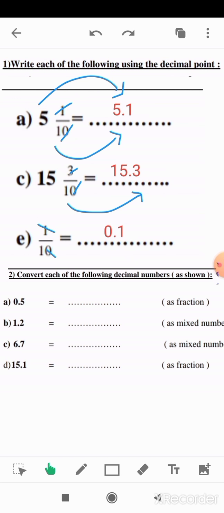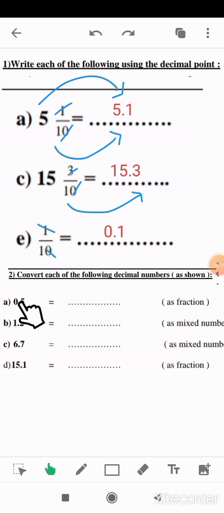Second example: convert each of the following decimal numbers as shown. He wants 0.5 as a fraction.